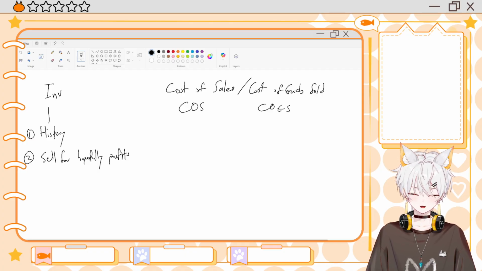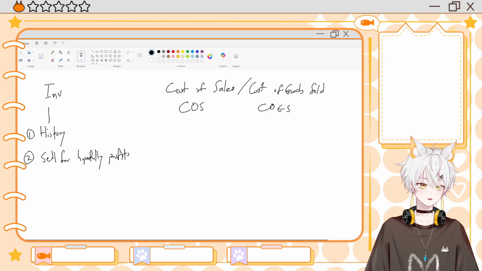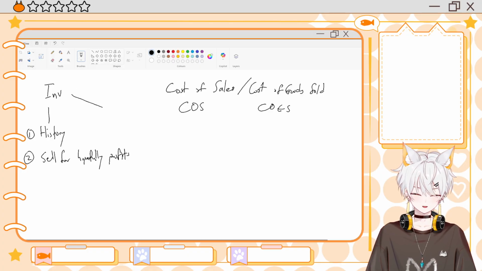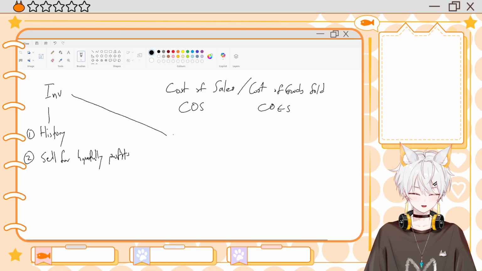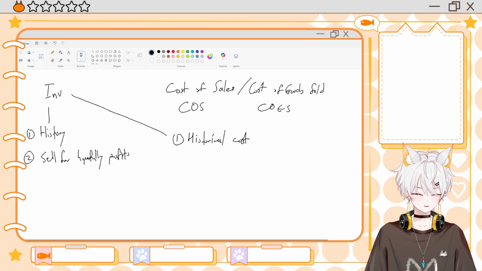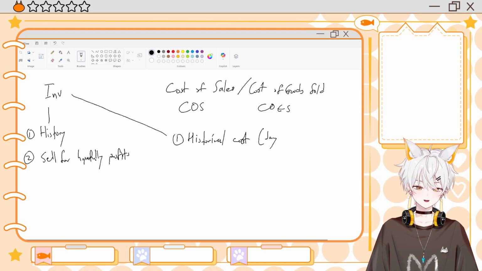For inventory costing, we'll go through the entire costing method later on, but in general we have basically historical costs, meaning the cost on the day you bought it. The amount you paid.